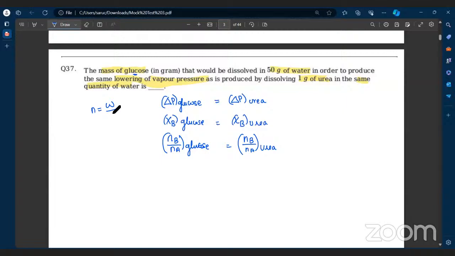So I can write this as WB by MB, the molar mass of glucose, into MA by WA for the solute, equal to WB by MB into MA into WA.